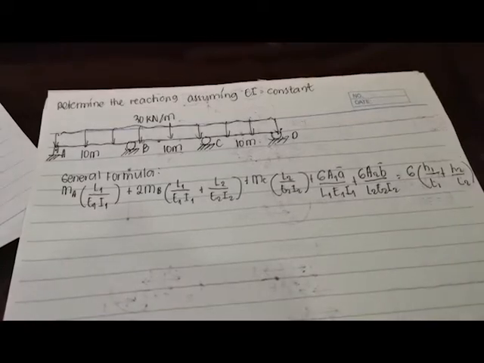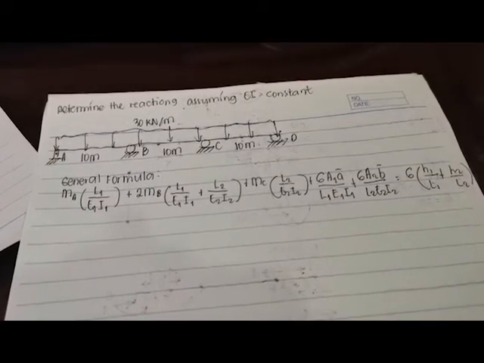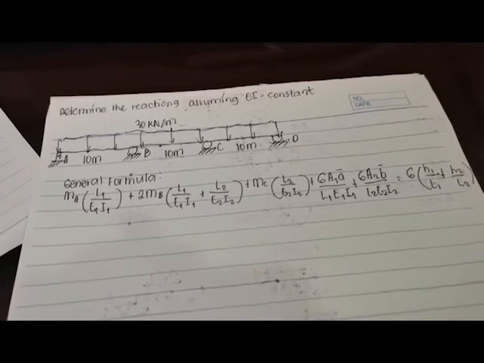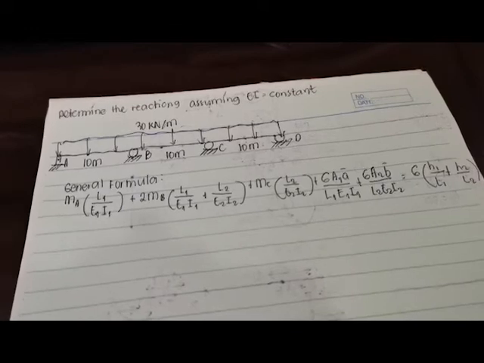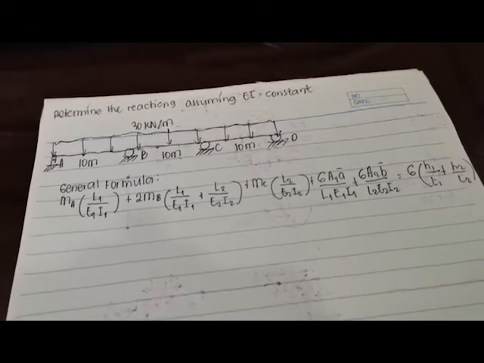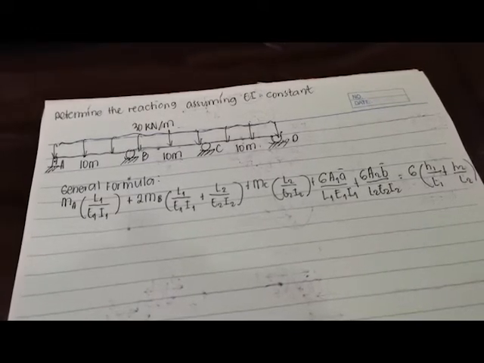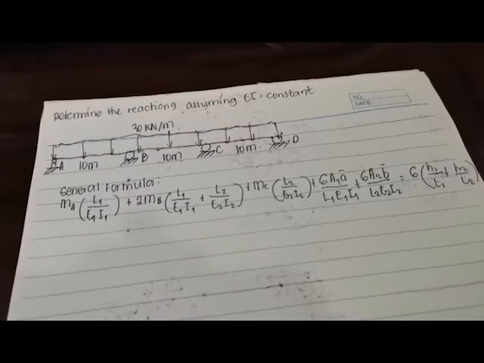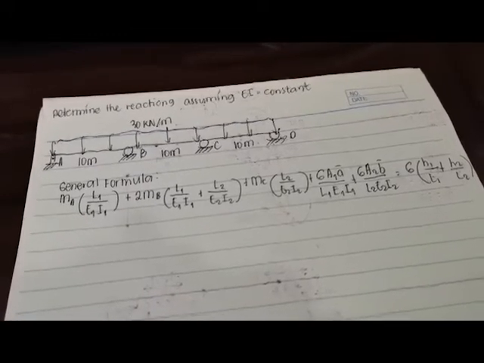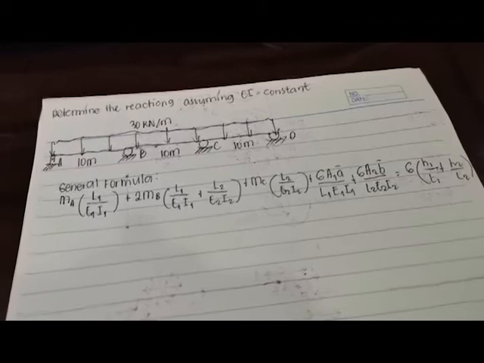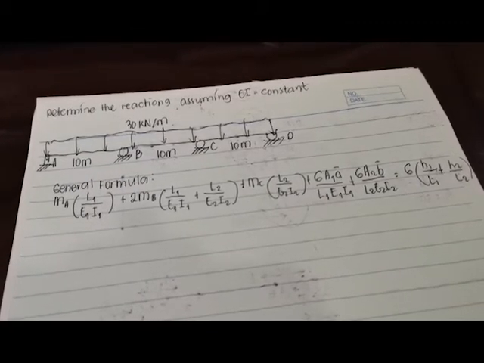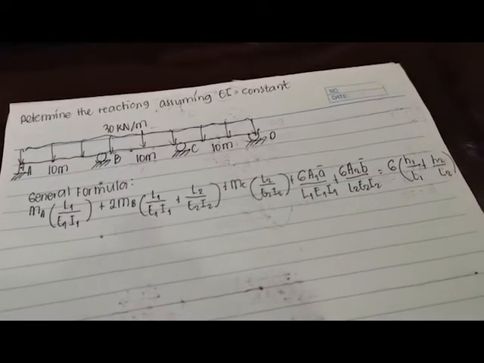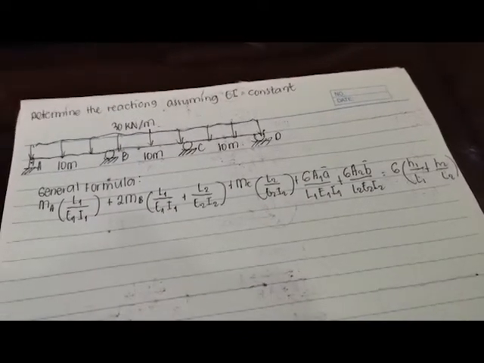Now we're going to choose the points that we will use in forming the working equations to solve for the reactions. The principle is that you will have to solve for the internal moments first.